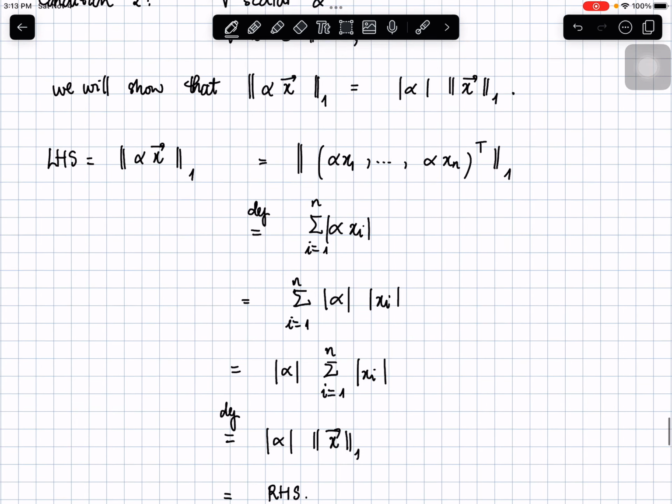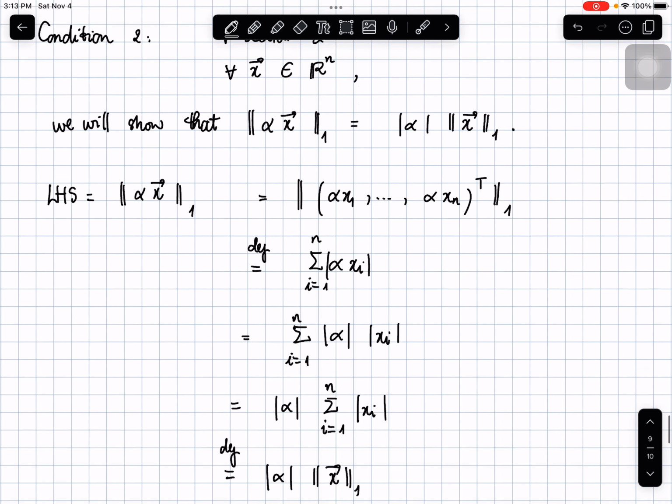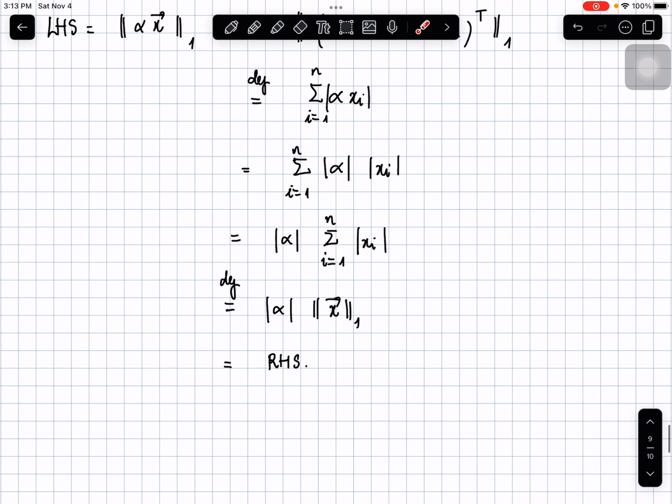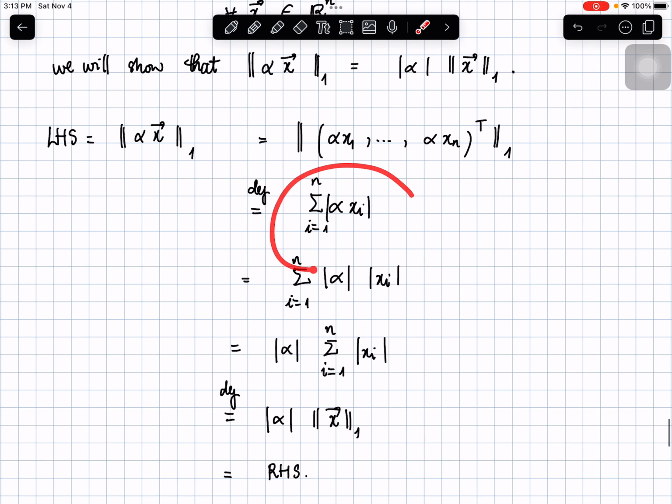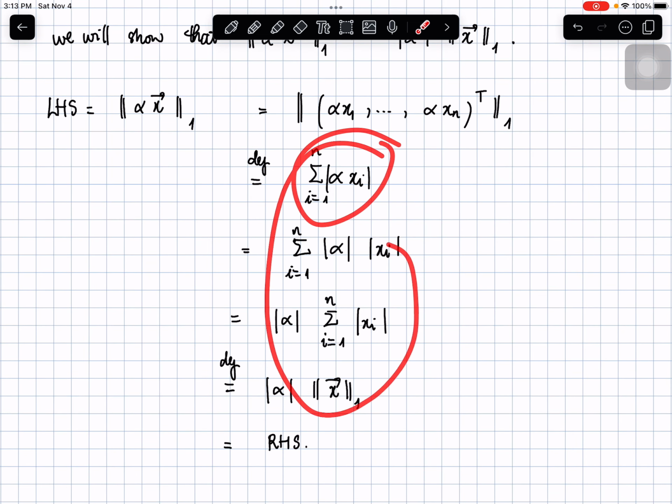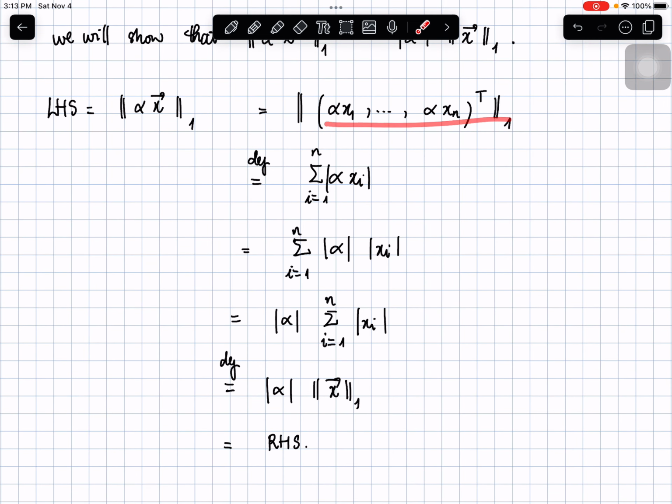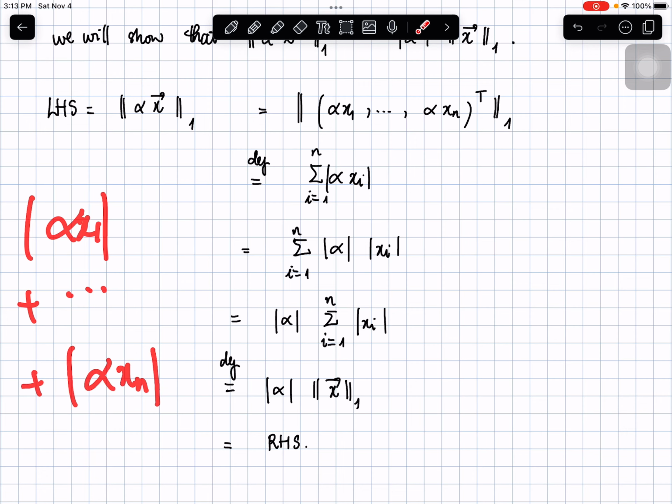So condition 2 is satisfied. If we are not comfortable with this notation, we can just write them all in terms of the sum. So this is the absolute value of alpha x1 plus ... plus the absolute value of alpha xn, right?